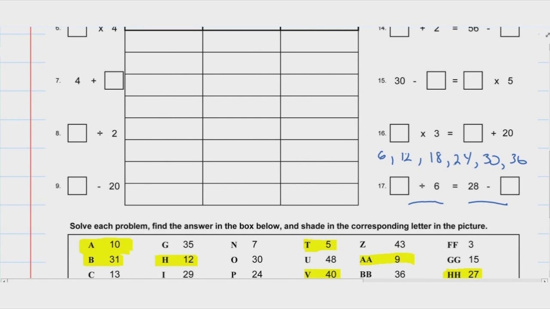We also know the number has to be smaller than 28 because we put 28 here. 28 minus 28 will give us 0. So we know it can't be that one or that one. So our only choices are these 4 choices right there. All right, only 4 choices and we're guessing. And my guess, I just take the biggest one, which would be 24. Just start with 24 and work our way down.